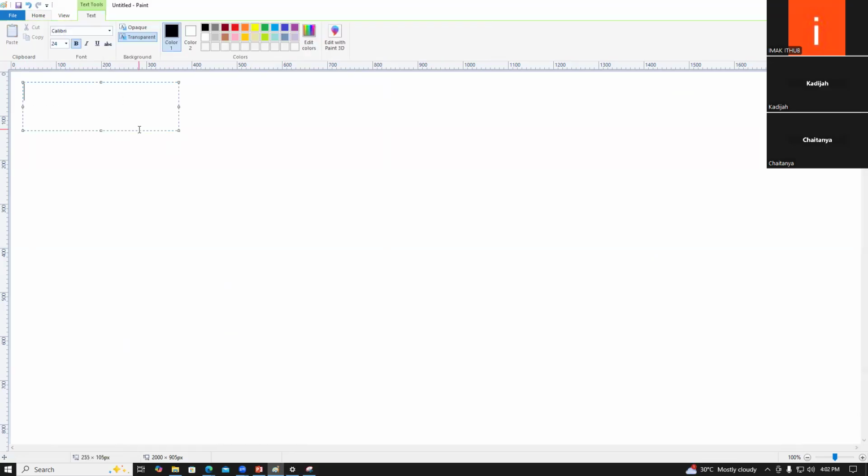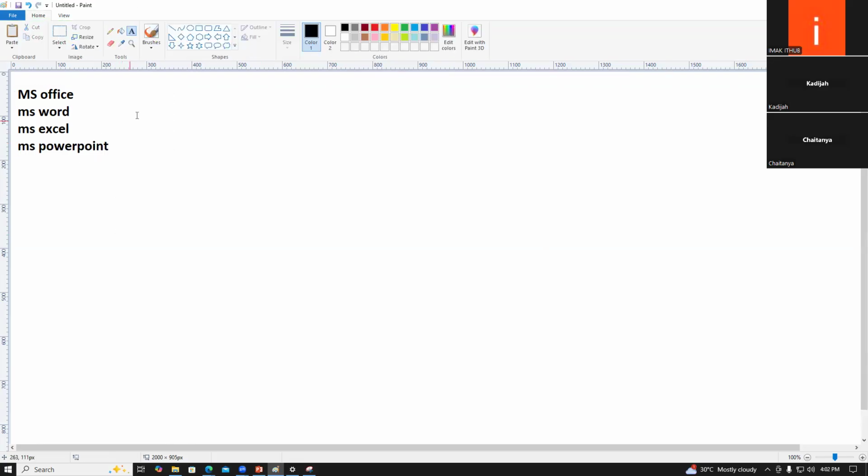MS Office contains MS Word, MS Excel, PowerPoint, Access. Many softwares are produced from the Microsoft family, and the OS is also created by Microsoft.